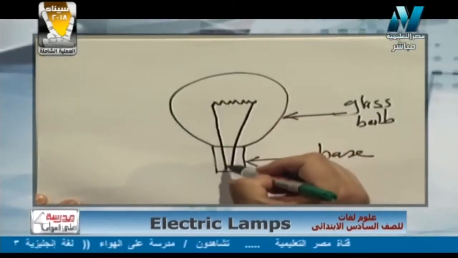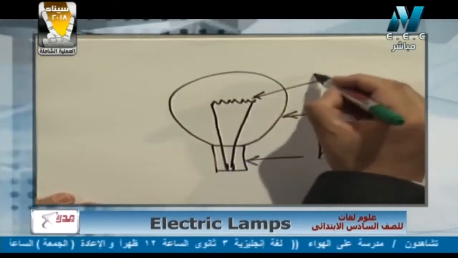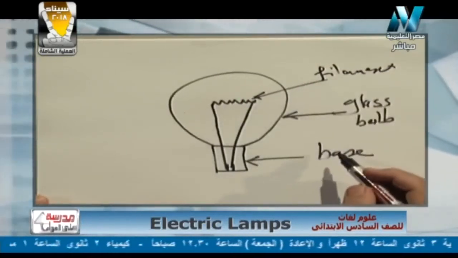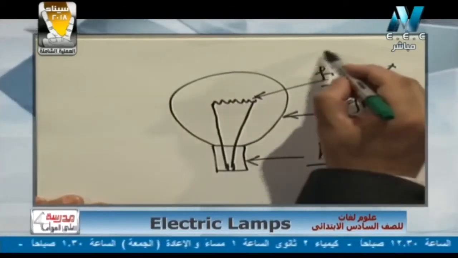Again, the glass bulb and also the filament, they are the main structure. يبقى التركيب الرئيسي لللايت بالب هو base, glass bulb, and also the tungsten filament.